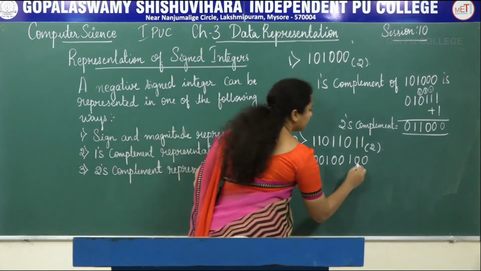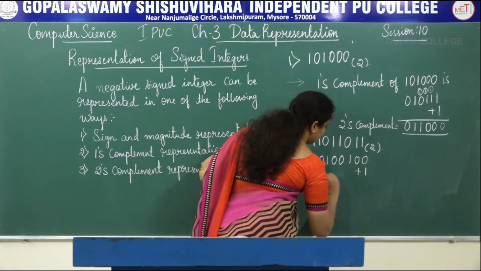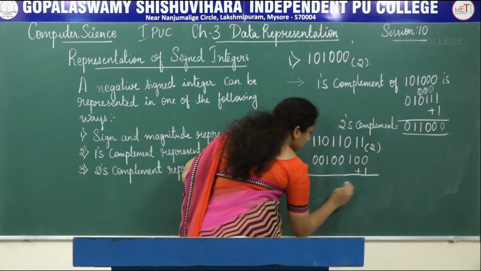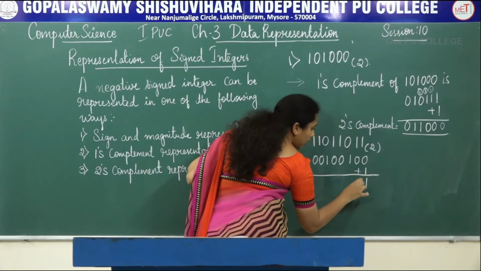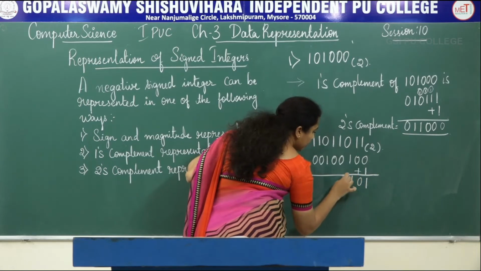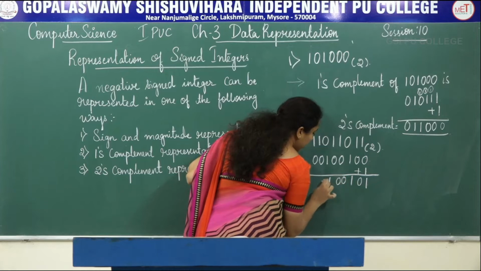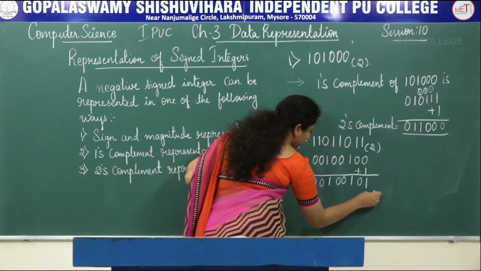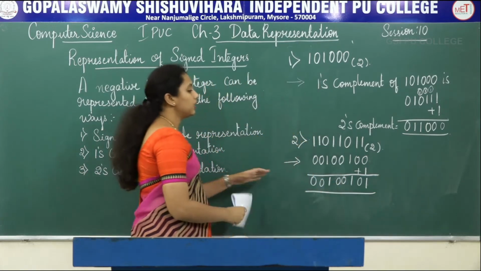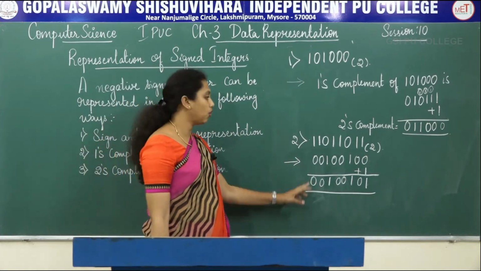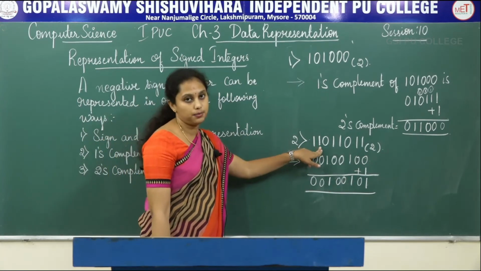So for this we have to add 1. So 0 plus 1 becomes 1, giving 1, 0, 1, 0, 0, 1, 0, 0. So this is the 2's complement value of this binary number.